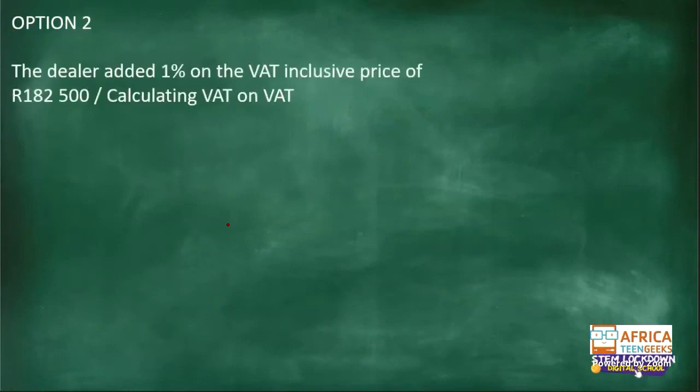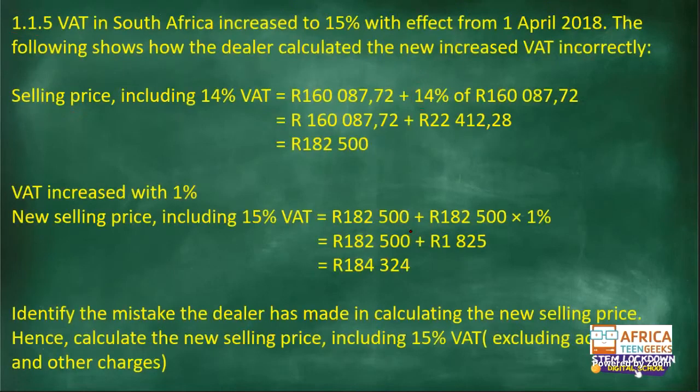Then option 2 is one way also of doing it: we note that the dealer added 1% on the VAT inclusive price of 182,500. So what happened here when he calculated this part? This 182,500 is this one.